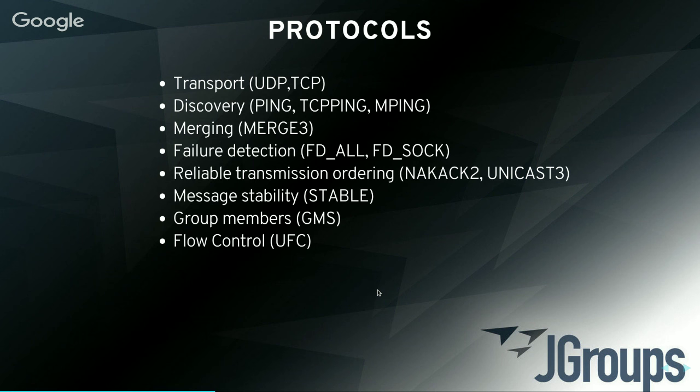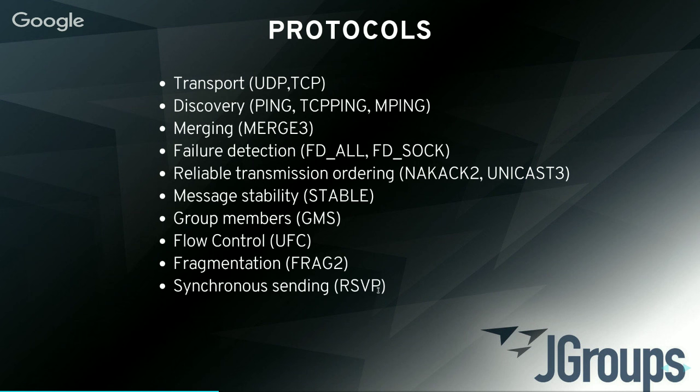The receiver can ping the sender and basically say, hey, slow down, because I am overwhelmed by the messages. This is what is done using the UFC protocol. You also have the fragmentation protocol, which handles messages that are too large to be sent. If a message is too large, it is fragmented and assembled back at the receiver.